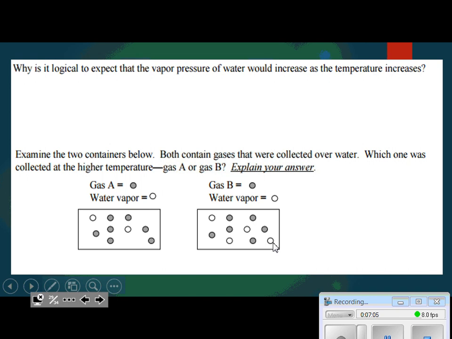So the water had to be at a higher temperature to cause increased water molecules to go into the vapor phase, to become water vapor. So actually gas B would have been collected at a higher temperature. The fact that there are fewer gas B particles doesn't matter, because gas A and gas B are probably 2 different gases, so I may have different amounts of each to start with.